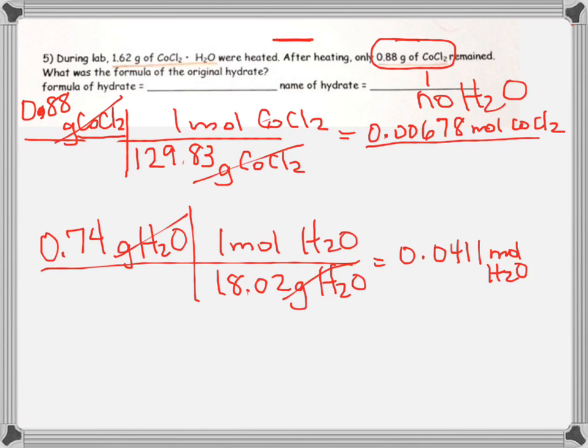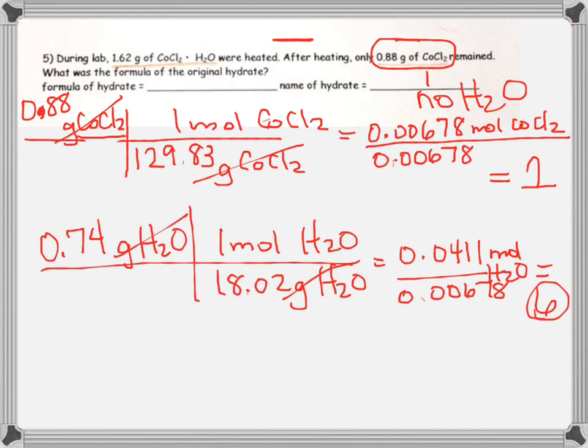You're going to divide through by your ionic compound's molar amount each time. So this gets us a value of 1 for this, and when you do the math on this one, I shortened my numbers, let me just double check my math. 0.0678. You get 6.06, so that rounds off to 6. So this 6 is what goes in front of H2O.